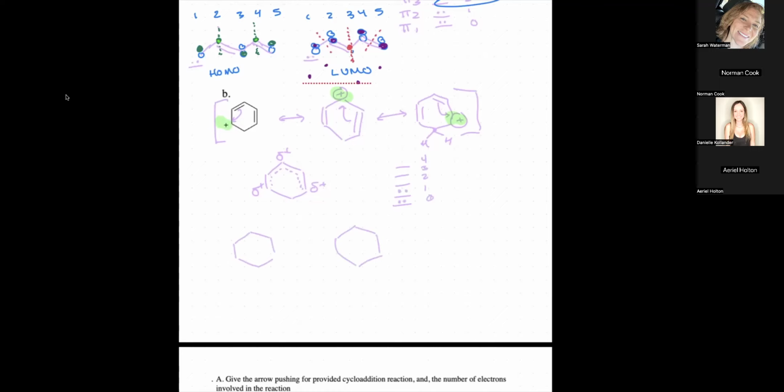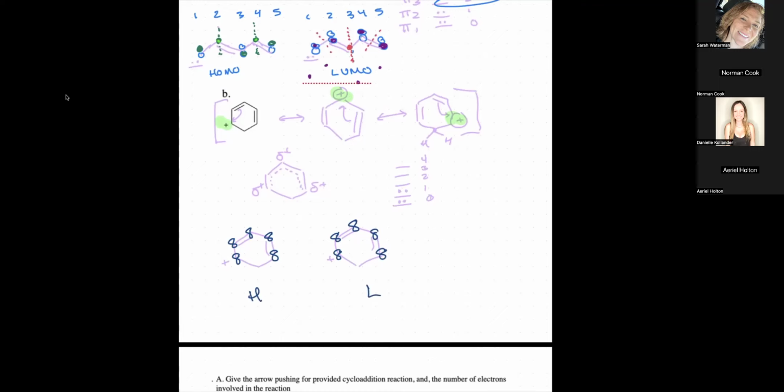Let me just make sure I'm doing this to completeness the first time before I get ahead of myself. Okay, so we have 5 pi systems, 1, 2, 3, 4, 5. Great.